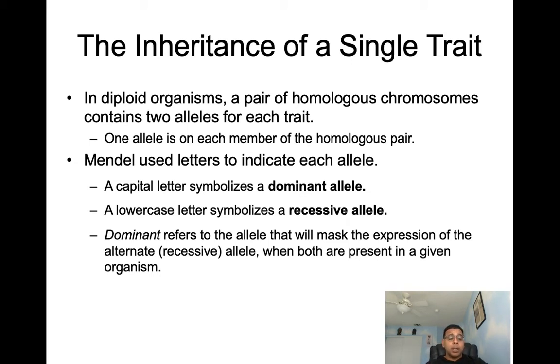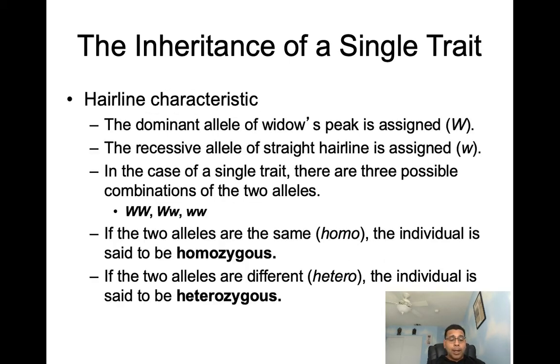That's what dominant allele means. Now, when working with alleles for hairline, we will represent the dominant allele of widow's peak with a capital W. And the recessive allele of a straight hairline is going to be assigned a lowercase w.